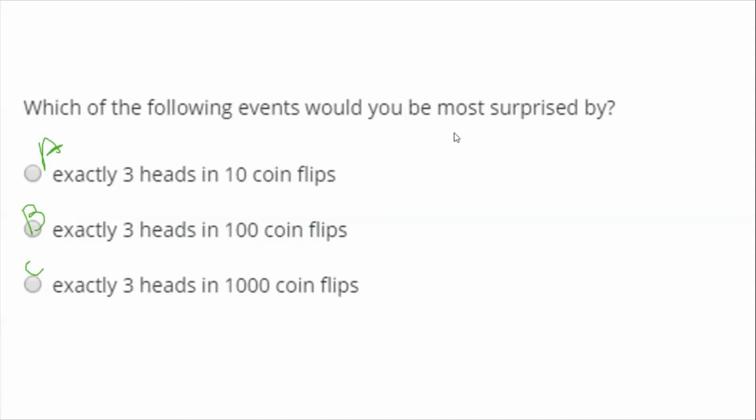C. Yeah, C. Anybody choose A? No, I guess not. Because when you do 10 coin flips, you can have 3 heads. That's not surprising. Even if you do 100, you can get exactly 3 heads, but it is less surprising than C, exactly 3 heads in 1,000 coin flips, which rarely happens, unless you do something to the coin.